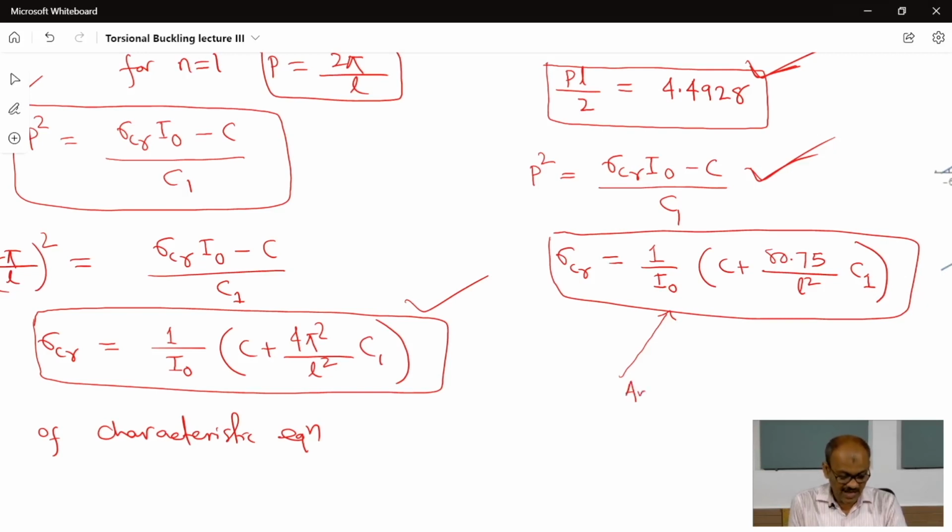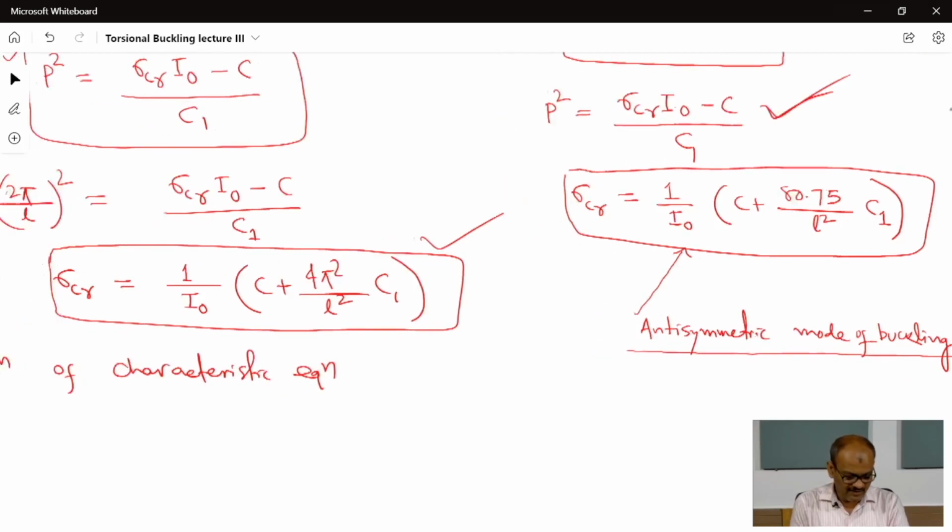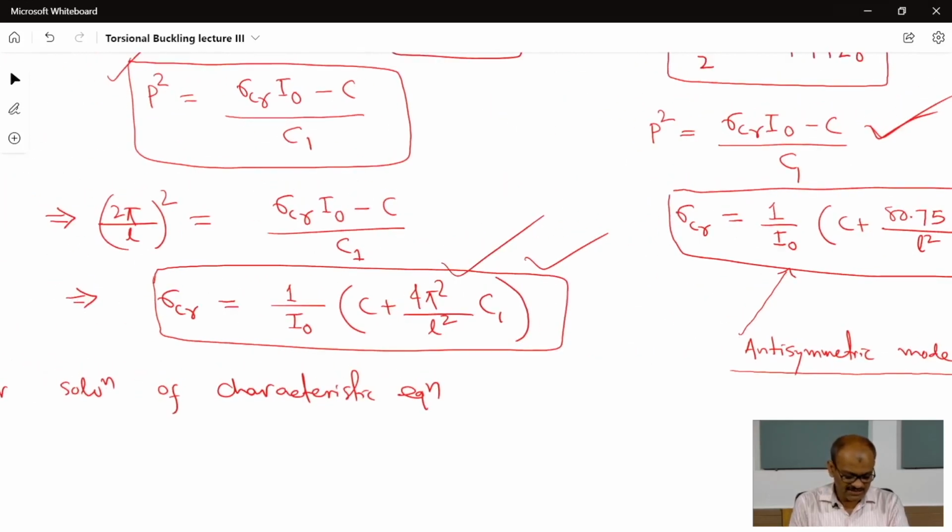When the mode is antisymmetric, the critical load is 1 by I naught multiplied by C plus 80.75 divided by L square into C1. And if it is the symmetric mode, the critical load is sigma CR is equal to 1 by I naught multiplied by C plus 4 pi square by L square into C1.